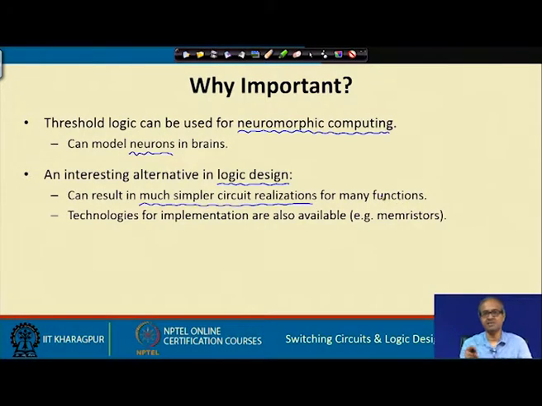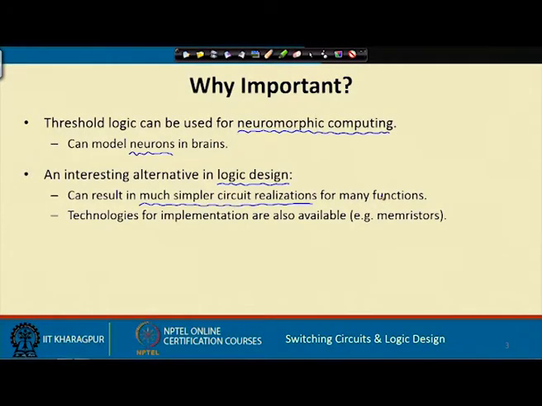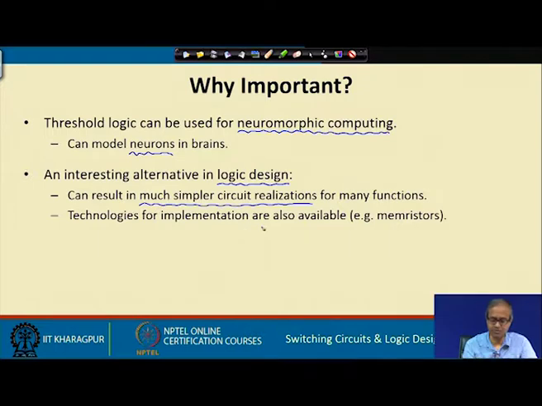For many functions, using threshold gates you can get very small circuits, very easy to design and implement. This can be one advantage, and the second thing is that although threshold logic is relatively old, this is not a new concept, technologies for implementing them efficiently are available only recently.